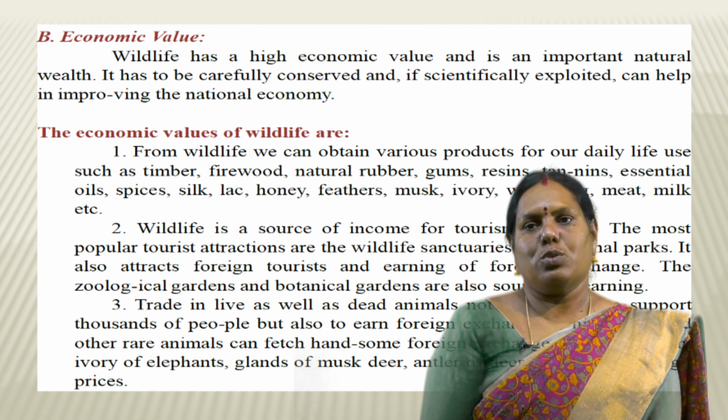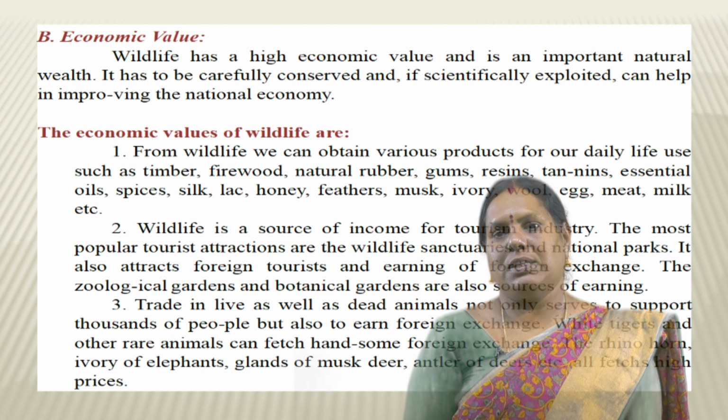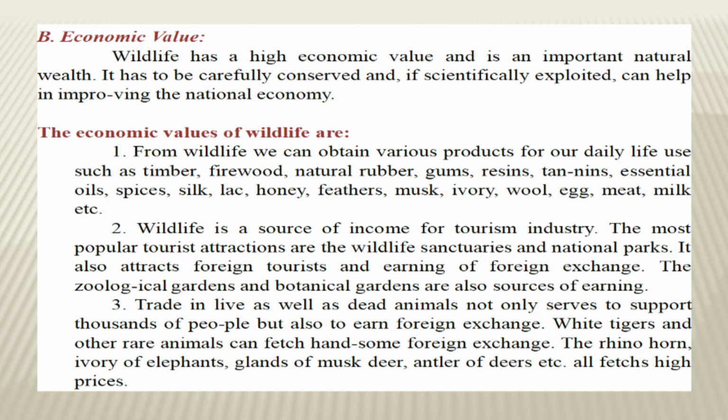Then wildlife is a source of income for the tourism industry. The most popular tourist attractions are the wildlife sanctuaries and national parks. It also attracts foreign tourists and earns foreign exchange. The zoological gardens and botanical gardens are also sources of earning. And then trade in live as well as dead animals not only serves to support thousands of people but also to earn foreign exchange.